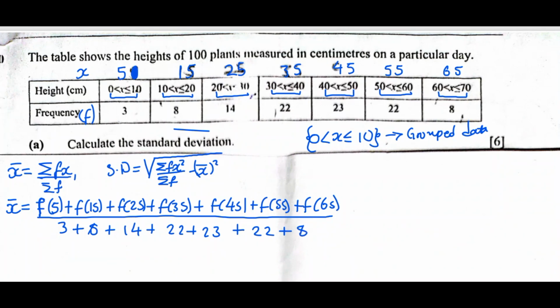Then after reaching here, we are going to substitute where there is f. The first midpoint is 5, which corresponds to the frequency of 3.